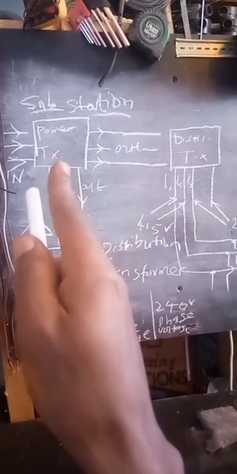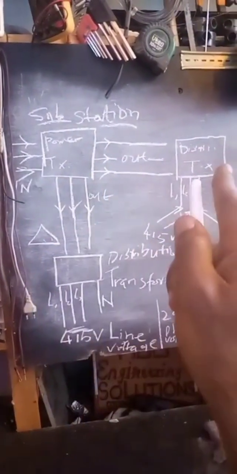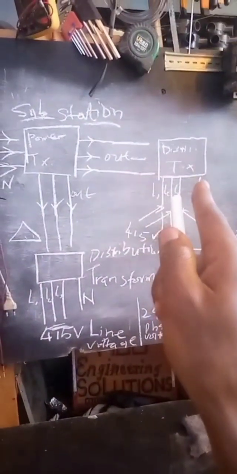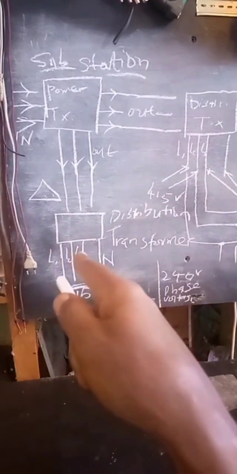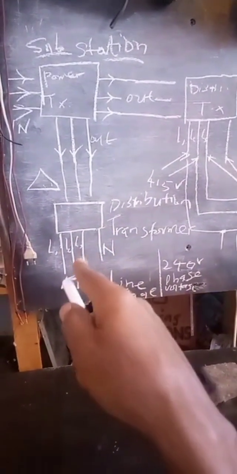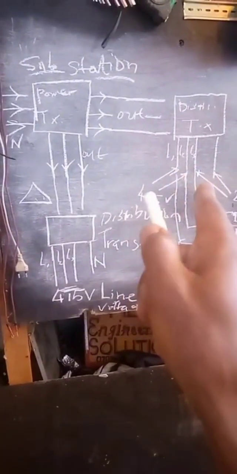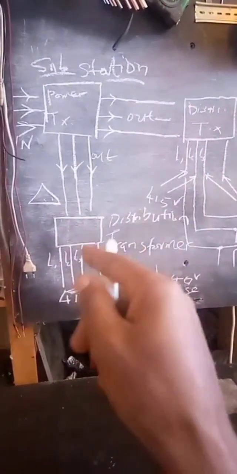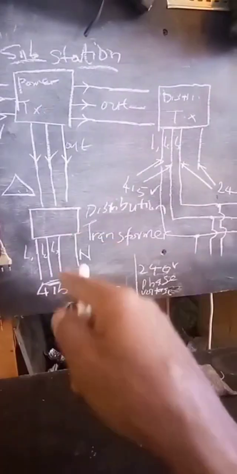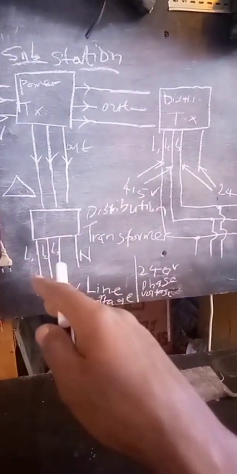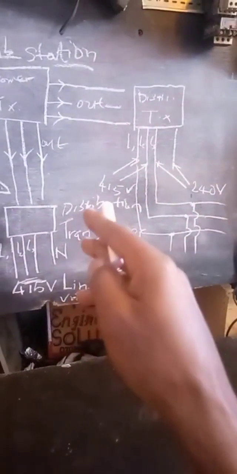If you can see the diagram there, we have the power transformer that gives output to distribution transformers 1 and 2. You can find this in the power stations. Then from there, in the neighborhoods, you can have your power drop. You can either choose to have base voltage of 240 or 415 volts depending on your power demand.